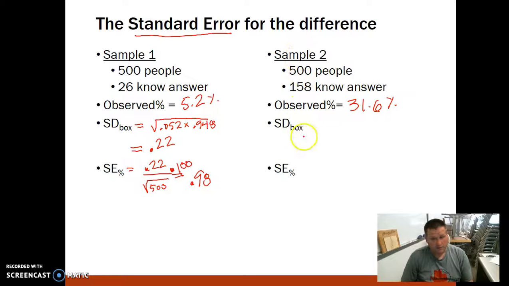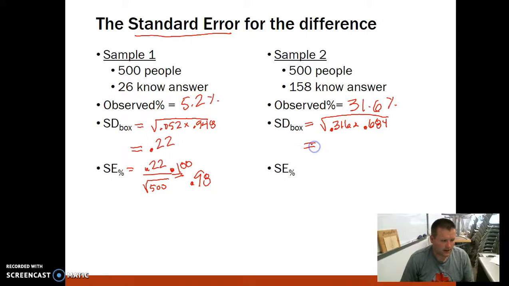Okay, we've got to do that same thing. We've got to find a standard error for the second sample. So we're going to go to the square root of 0.316 from our observed percentage. Then we're going to multiply that by 100 minus 31.6. And when we do that, we get 68.4, which is 0.684.